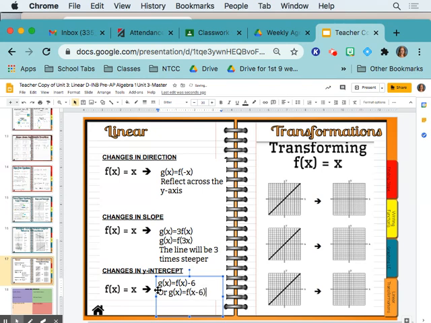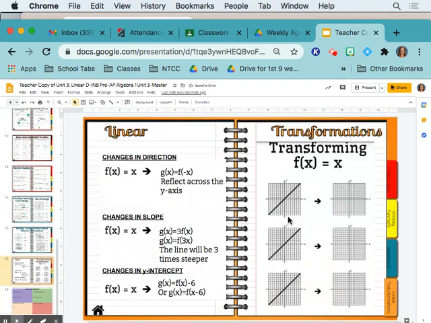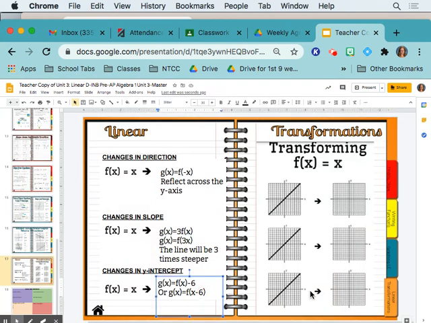It'll give you different lines, but this will change your y-intercept. Translate the line down 6 units. So these are the types of transformations that happen with linear functions.